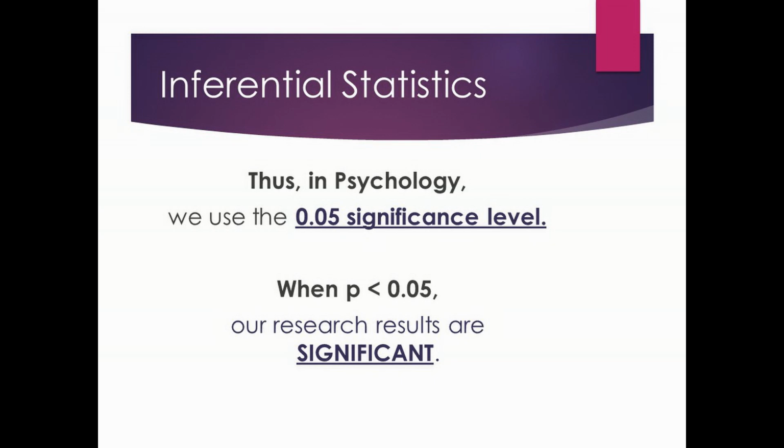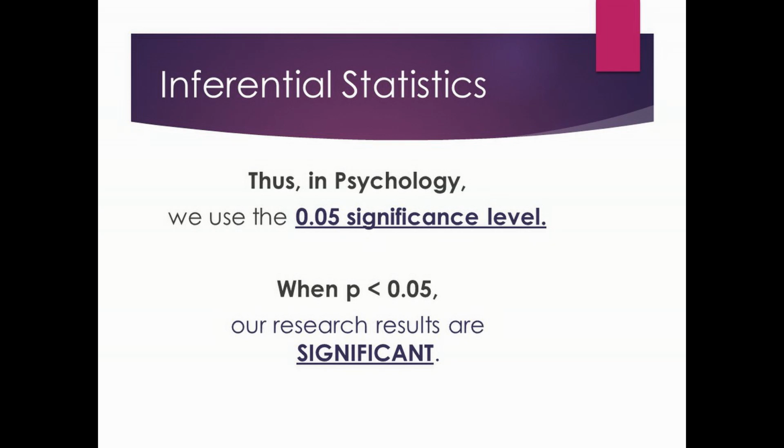With behavior, there's going to be more variability, and so we use a slightly less rigorous significance value in psychology. However, most of the time when I've conducted research, and I'm not unusual, my significance levels have achieved 0.01 or 0.001, meaning that they're even less likely to occur by chance.